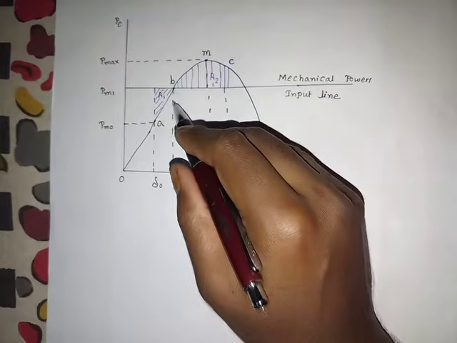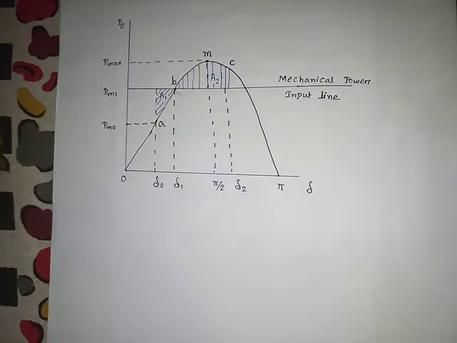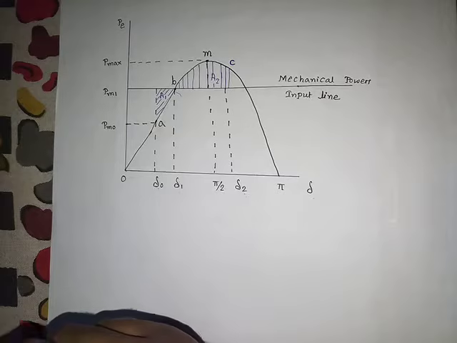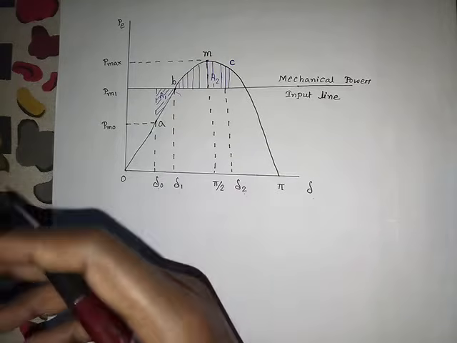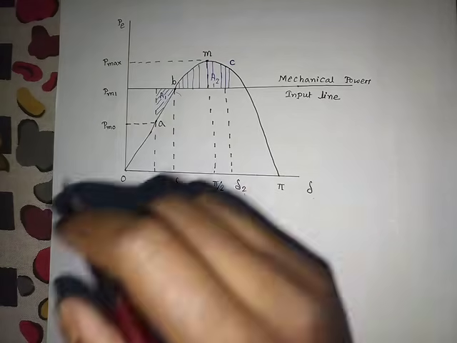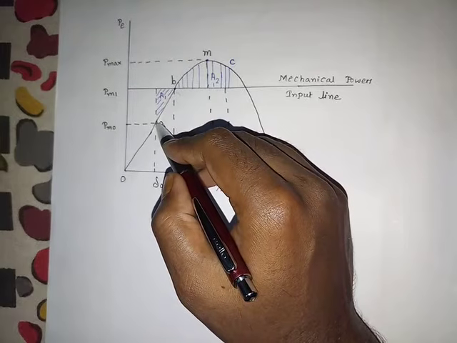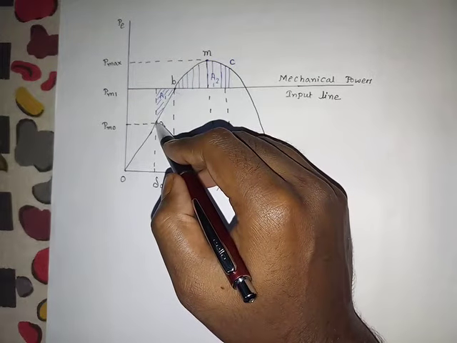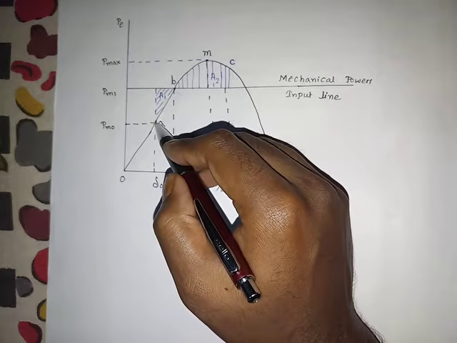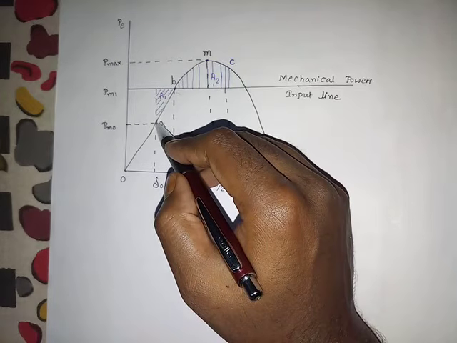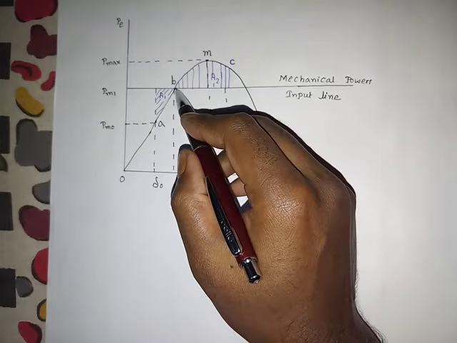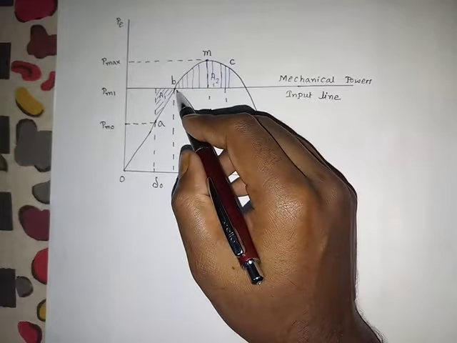We know the synchronous generator or alternator runs at equal speed, that is N equal to Ns, the rotor speed equal to synchronous speed. But due to disturbance or any transient oscillation, it will create more speed, slightly above the synchronous speed in this period A to B.